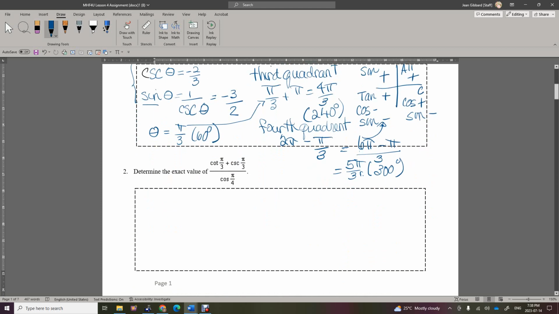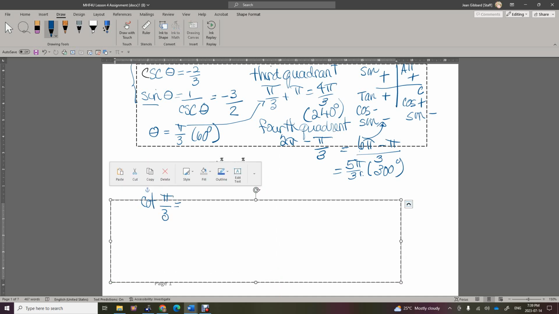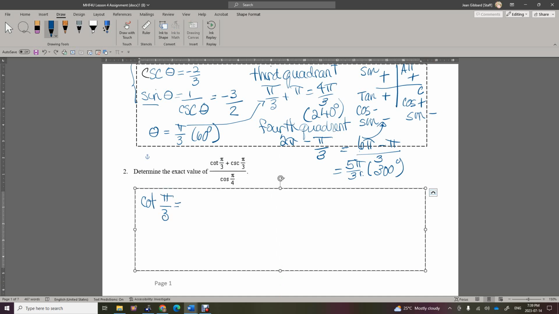Now, in number 2, let's focus on this one. We have the cotan of pi over 3, we know is, oops, sorry for that. The cotan is 1 over square root 3.